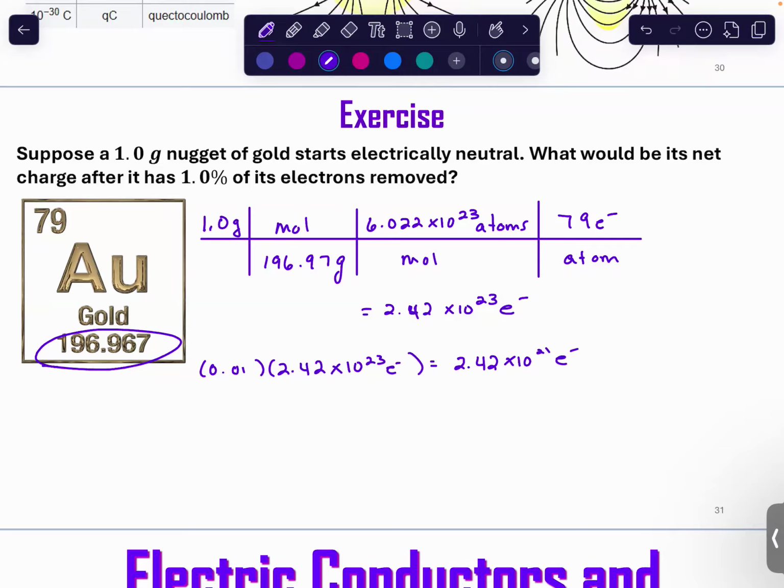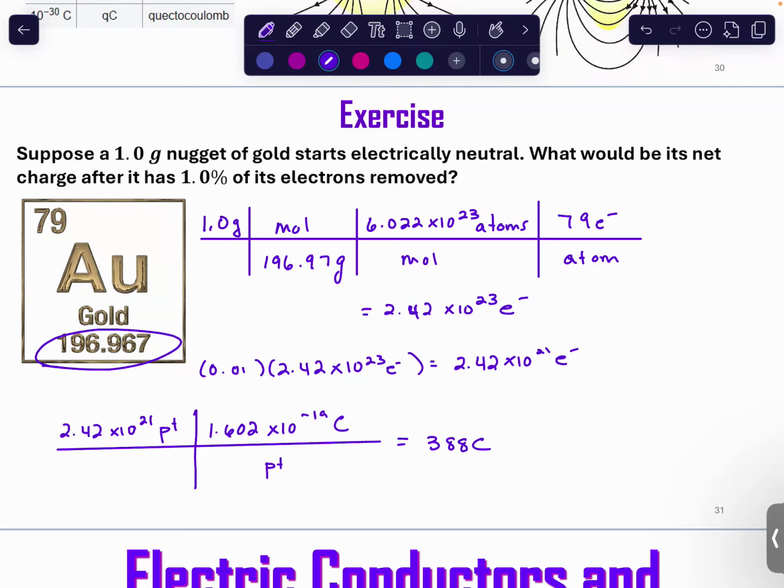So that means I now have that many protons exposed, and each one of those carries a charge. It's just a little logic exercise at the start of the semester to get your brains working again. Per proton, that tells you that you're going to have a charge of about 388 coulombs.